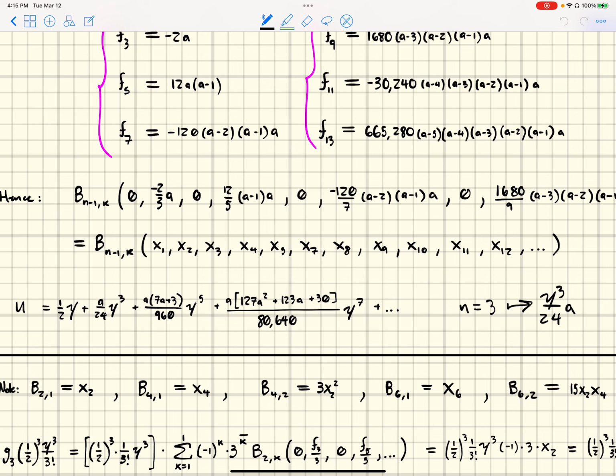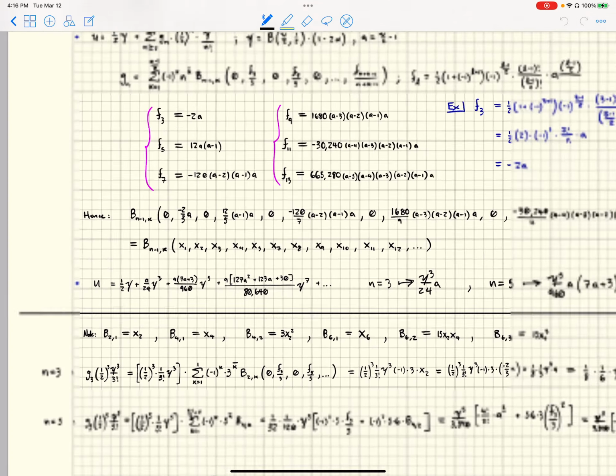These interesting coefficients, the 7 and 3 coefficient, the 127, 123, 30 coefficient, sort of represent the triangle whose coefficients multiply the gamma term which you're expanding into.